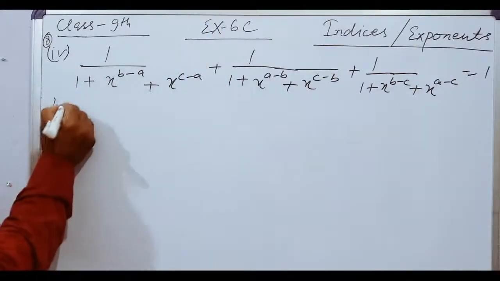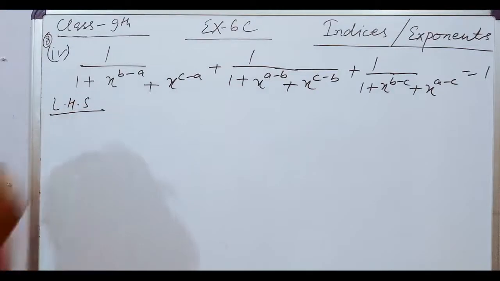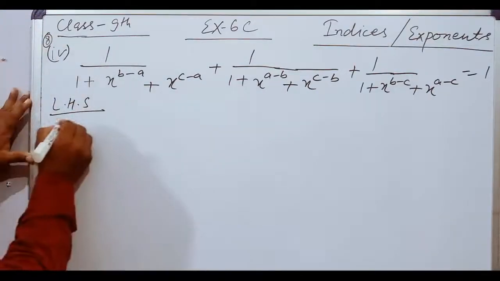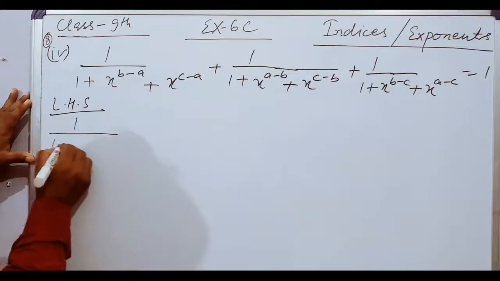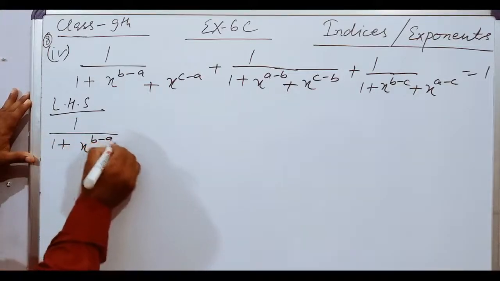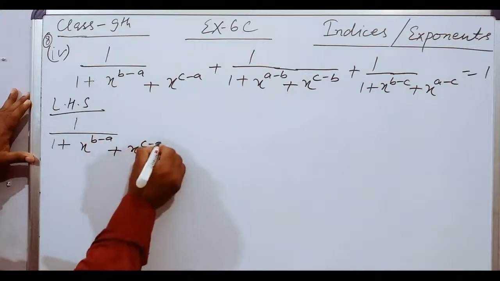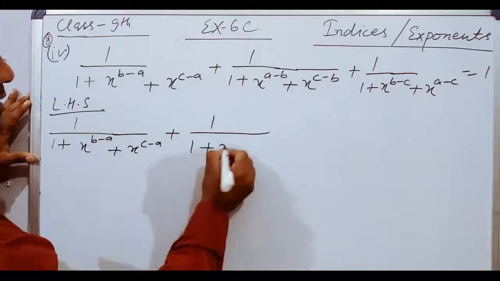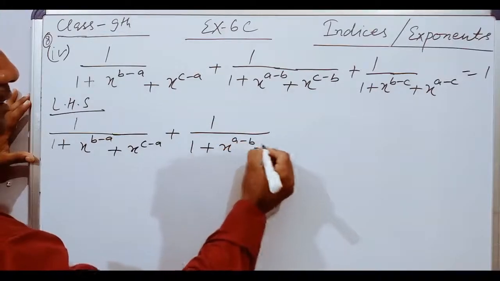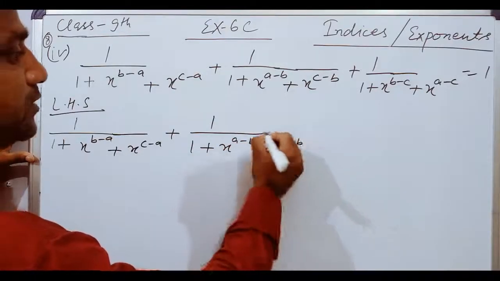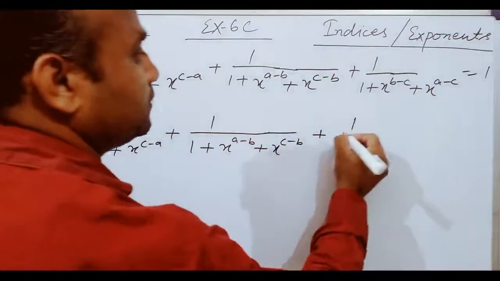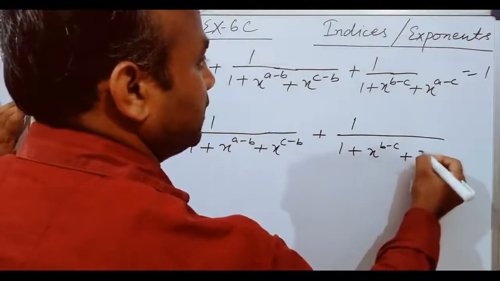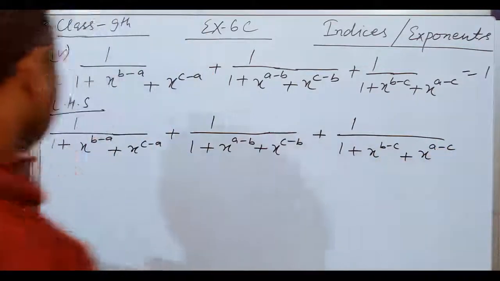So left hand side, first we will take left hand side: 1 upon (1 + x^(b-a) + x^(c-a)) + 1 upon (1 + x^(a-b) + x^(c-b)) + 1 upon (1 + x^(b-c) + x^(a-c)).